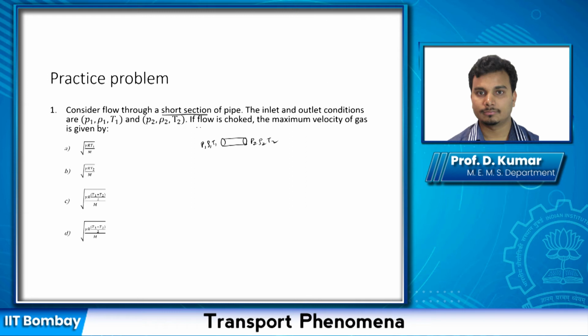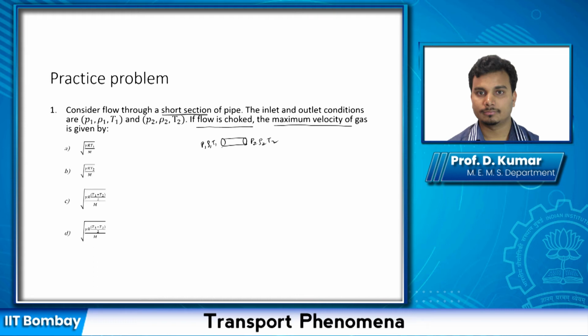It's already given that the flow is choked. What should be the maximum velocity? I'm assuming that there's no combustion or anything happening, so whatever change in temperature is because of the compressibility effect, not due to any chemical reactions or combustion. Of course, there are some changes due to friction as well.